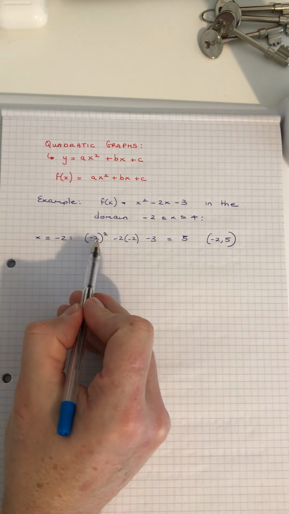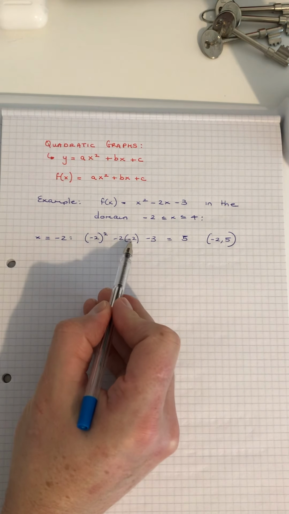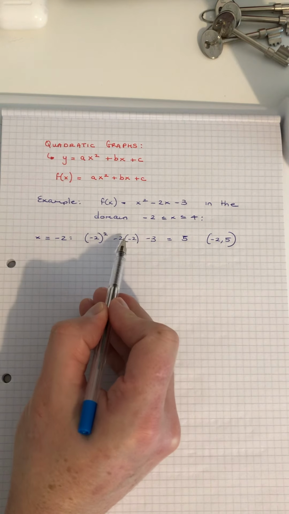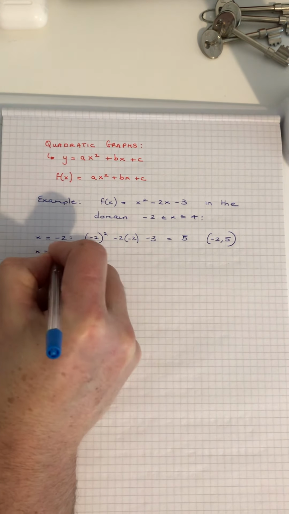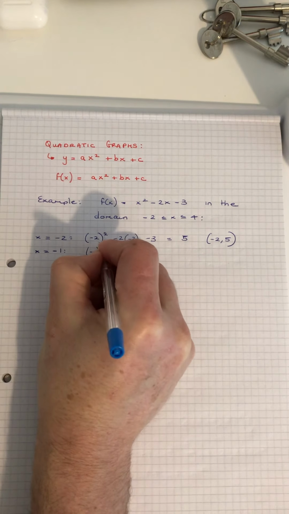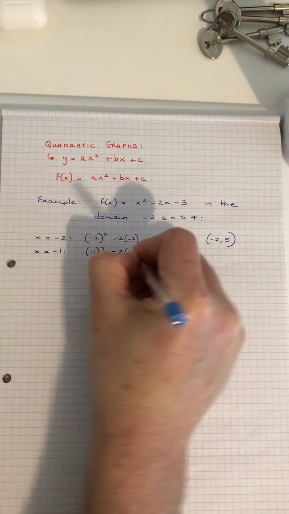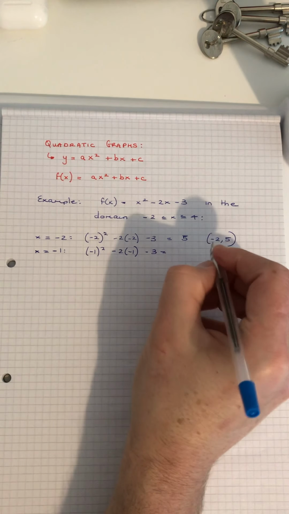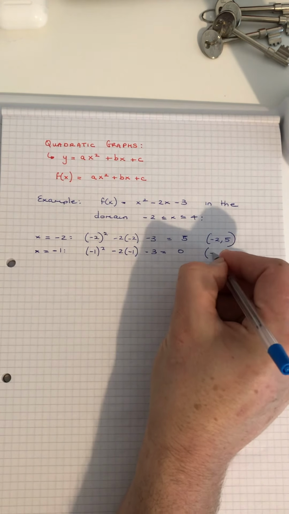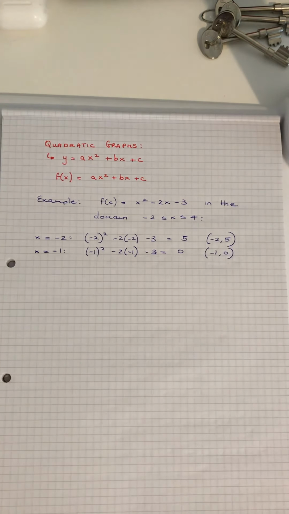Because minus 2 squared is 4. 2 minuses give you plus 4. 4 and 4 is 8. Take 3 is 5. When x is minus 1, minus 1 squared minus 2 times minus 1 minus 3 on your calculator will give you 0. Minus 1 and out comes 0.